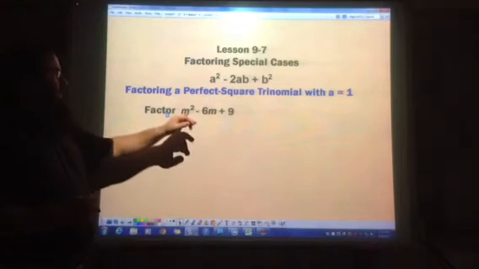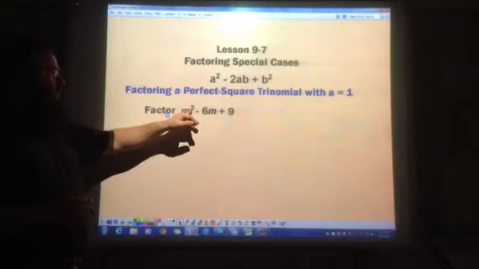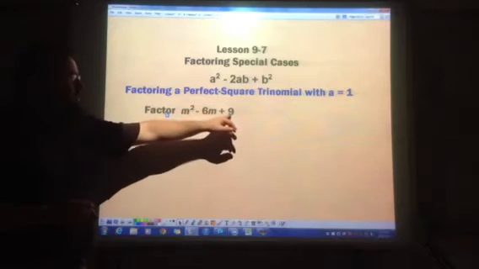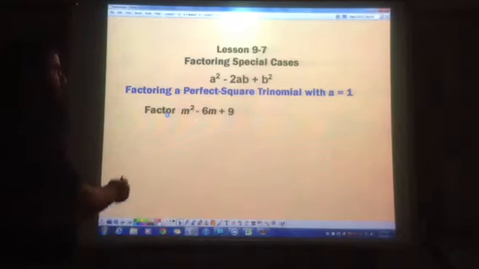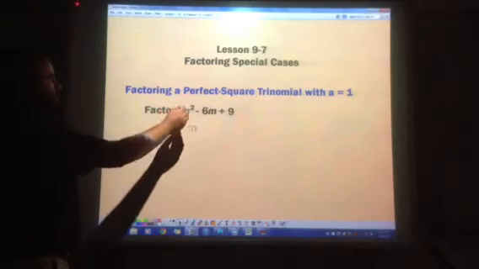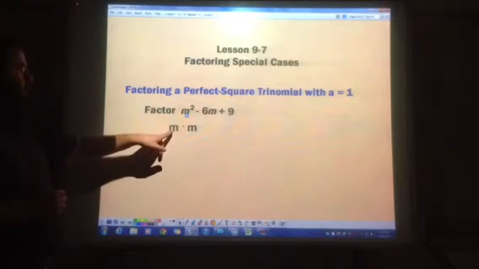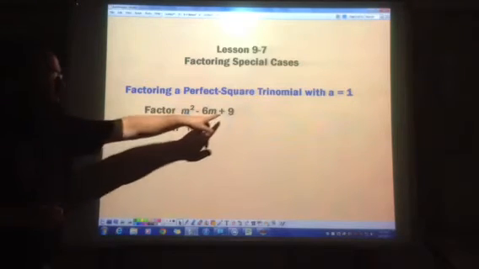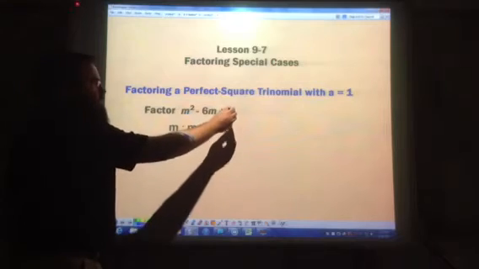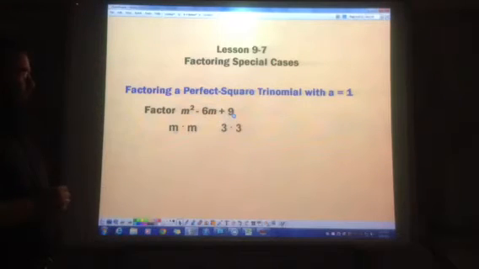Hopefully by now you can see that you've got your m squared, which would be easy to factor, and your 9. It's a perfect square. M squared would be m times m. 9 would be 3 times 3.